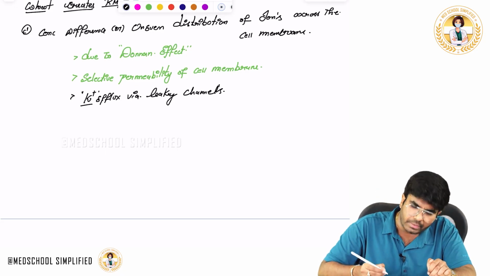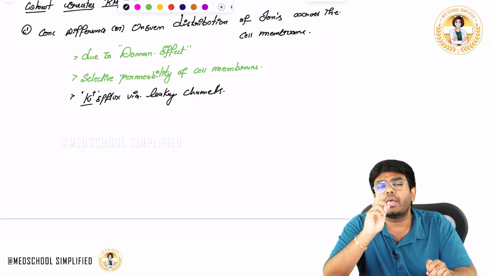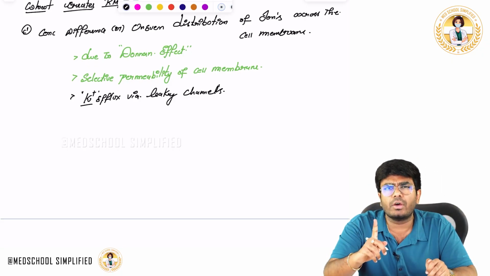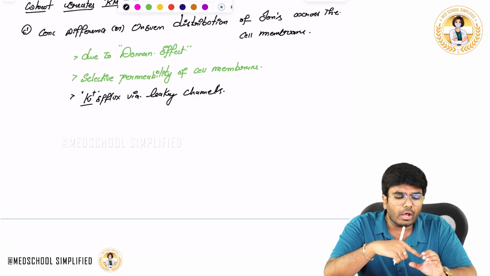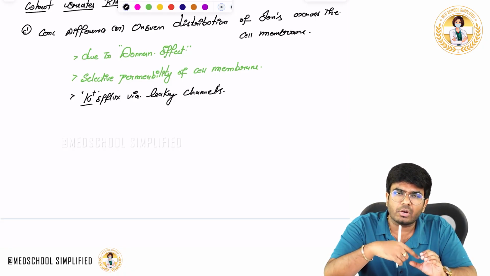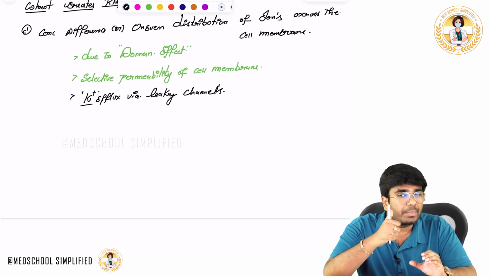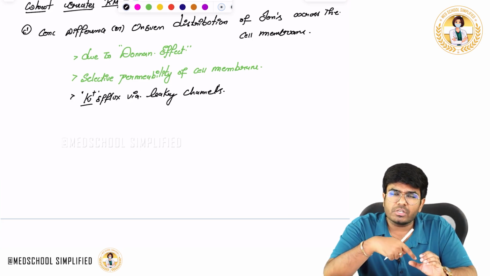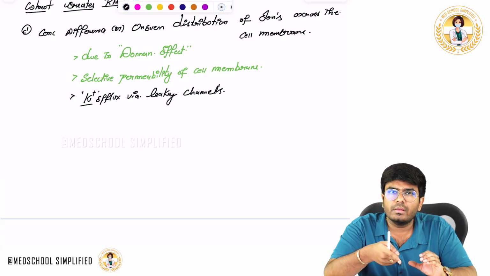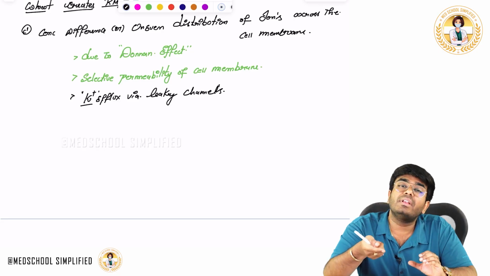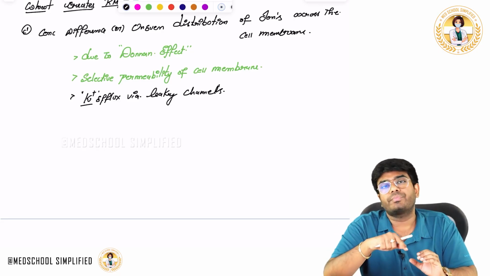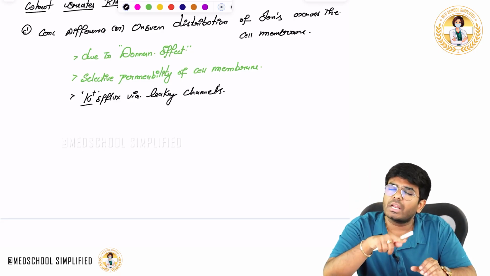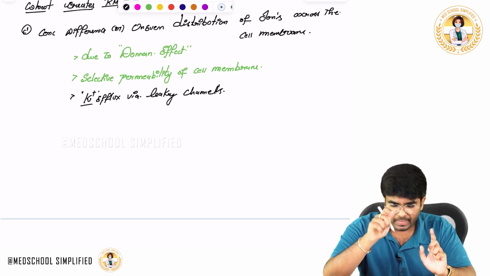During resting condition, the major ion, which is potassium, always goes out of the cell. It always crosses the cell membrane and goes out. Potassium is permeable. Potassium is a positive charge, so positive charges are going out of the cell membrane. That will also contribute to resting membrane potential. How, we'll discuss later. This is one of the reasons.